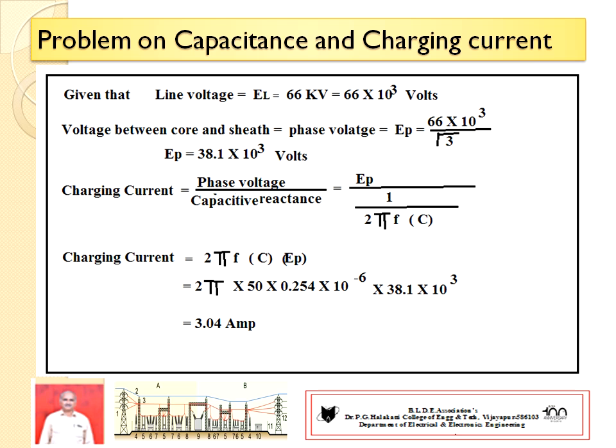Substitute all the values. Ep should be in volts. You substitute 38.1 into 10 to the power of 3. C value, that is microfarad, you substitute in farads. So we are getting charging current as 3 ampere.